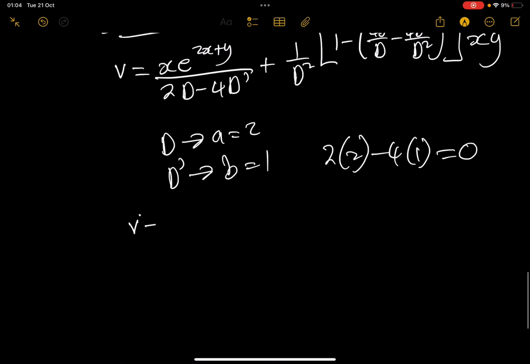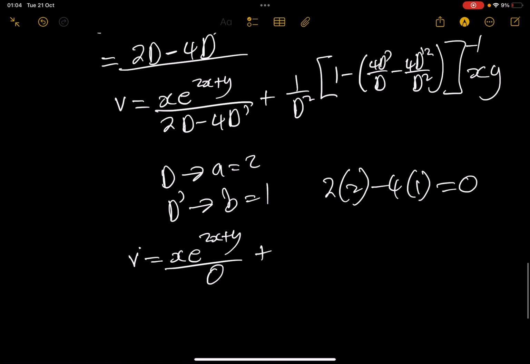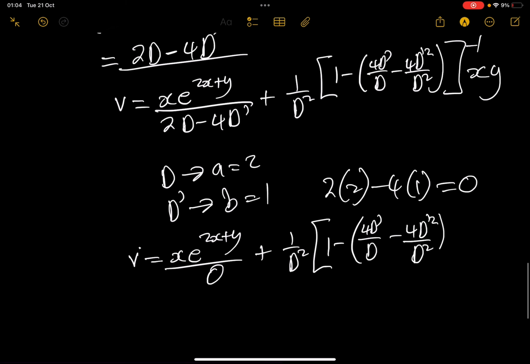So we have v equals x e to x plus y over 0 plus 1 over d squared, 1 minus 4d prime over d minus 4d prime squared over d squared. This is minus 1 xy, right?